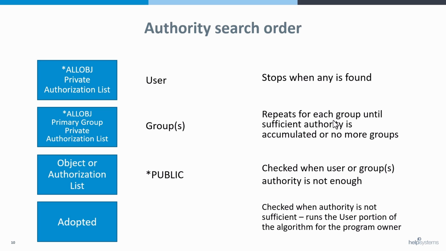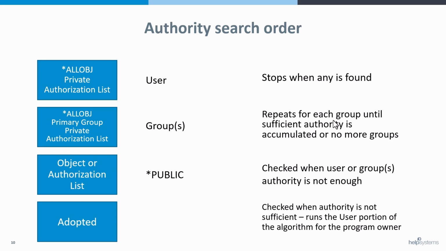So if one group has job control and another group has IOsysconfig, and those are the special authorities needed to perform a function, the user will have that authority from both of those groups. So if we come up empty and none of the groups have authority, the next thing that gets checked is public authority.